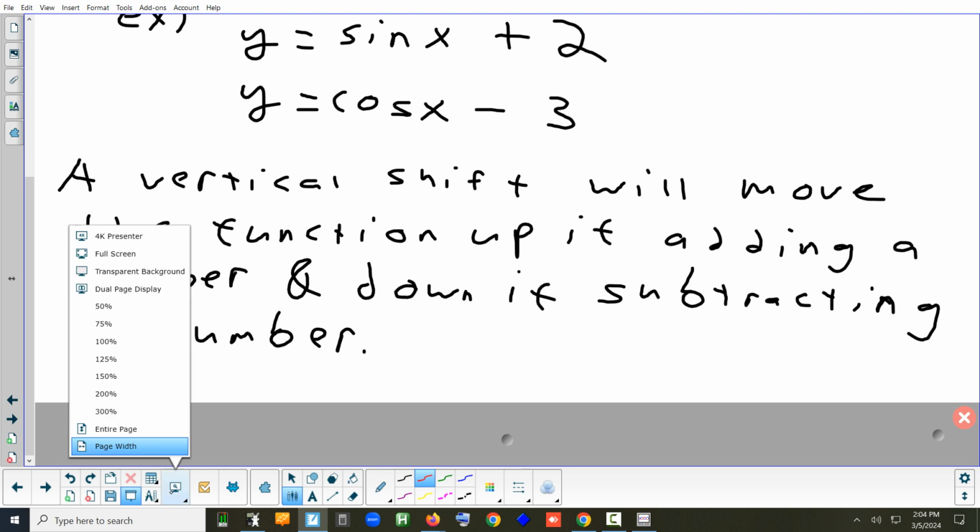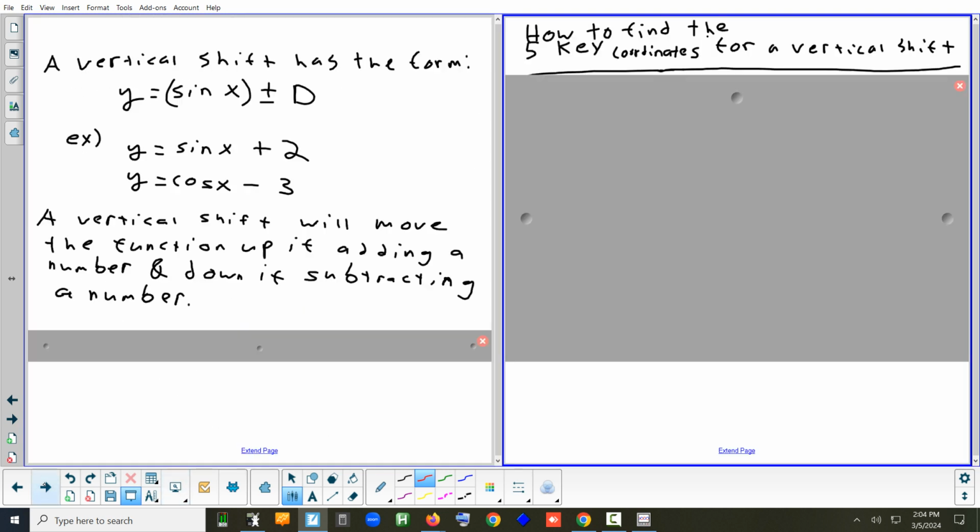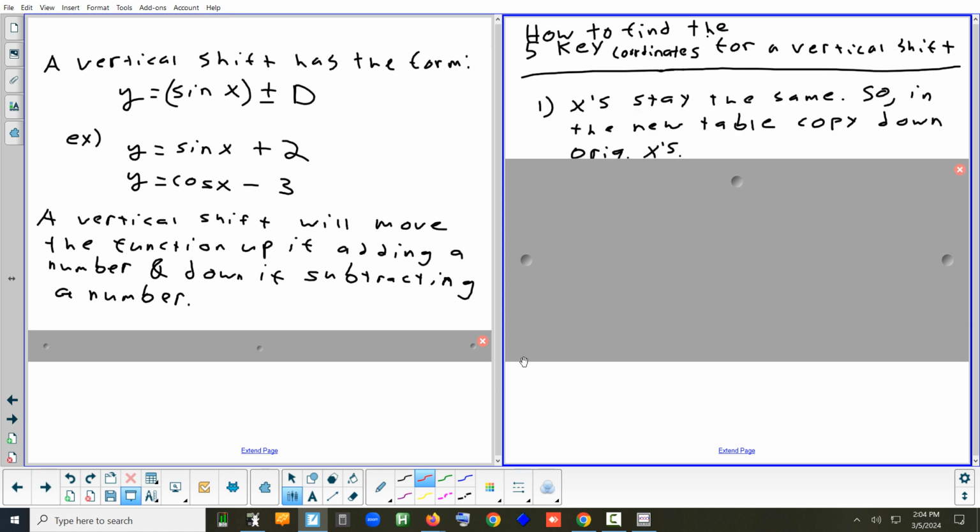So when we take a look at how we find the 5 coordinates for a vertical shift, the y's are going to change again. The x's are going to stay the same. So that's why I said yesterday those 2 tables that I gave you were very important, because every time you're copying down half that table to do the problem. So this time you're copying down the x's.